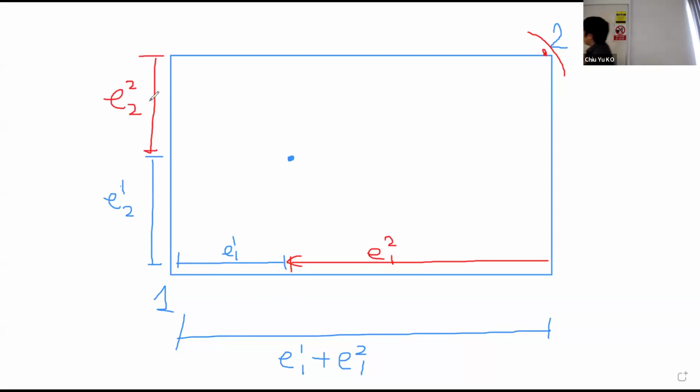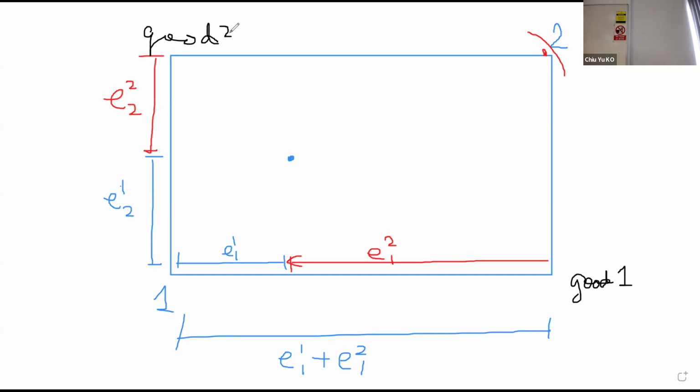So the horizontal direction is good one, right? It's the good one dimension. And this is good two. The length of this is the size of how much you have in aggregate, and this is how much you have.